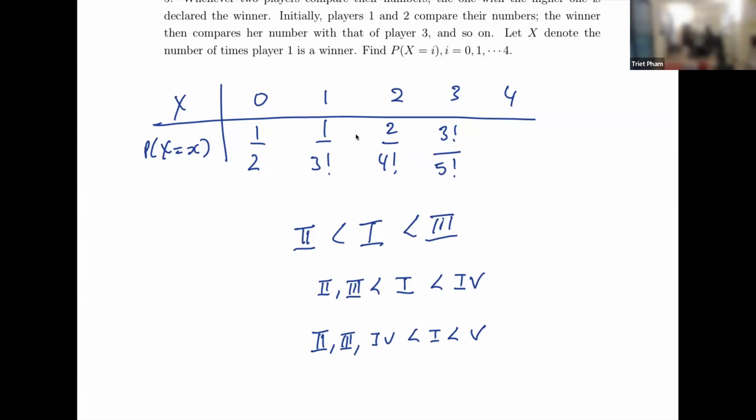How is it possible for player 1 to win 4 times? Is it 4 factorial over 6 factorial? No, I don't think so. It's not over 6 factorial. Why 6 factorial?